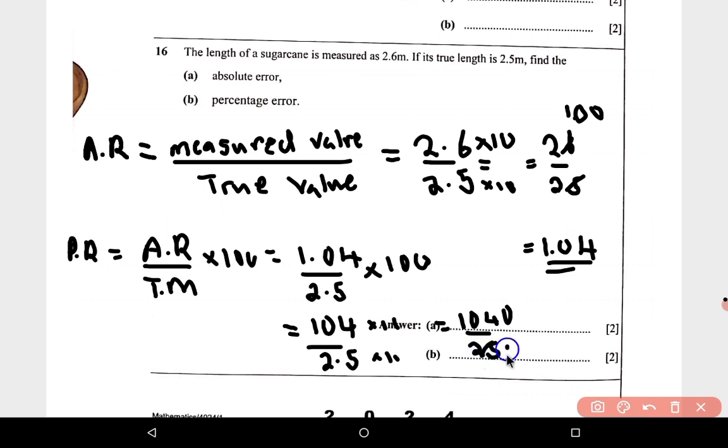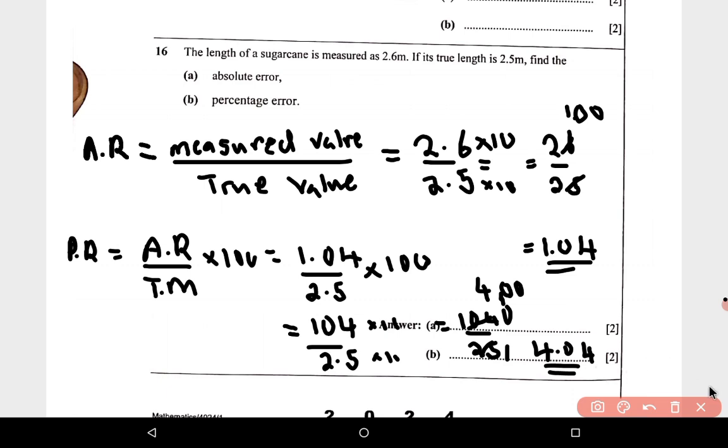It goes there 4 times, remainder 4, put a point, put 0 to 100, and you get 4. So this is what you have. All right, that is the answer for this question.